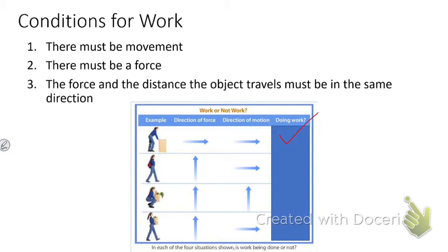In this second image here, this student has a backpack on. The force of the backpack is acting downwards because of gravity. This person is applying a force on the backpack to keep it around their shoulders, and you can probably feel that when you're walking with the backpack on.